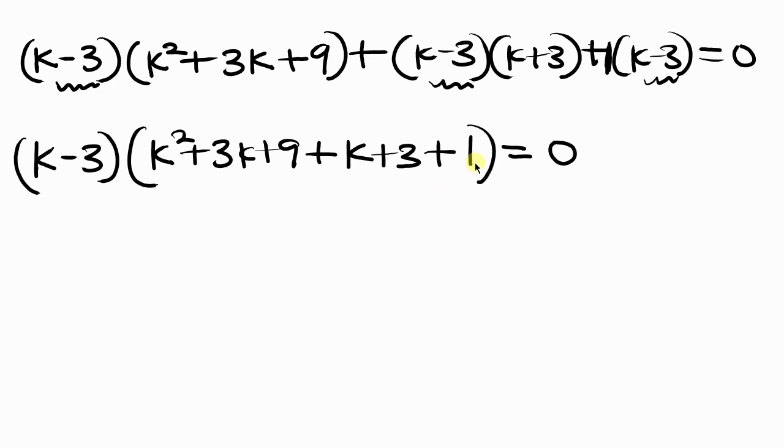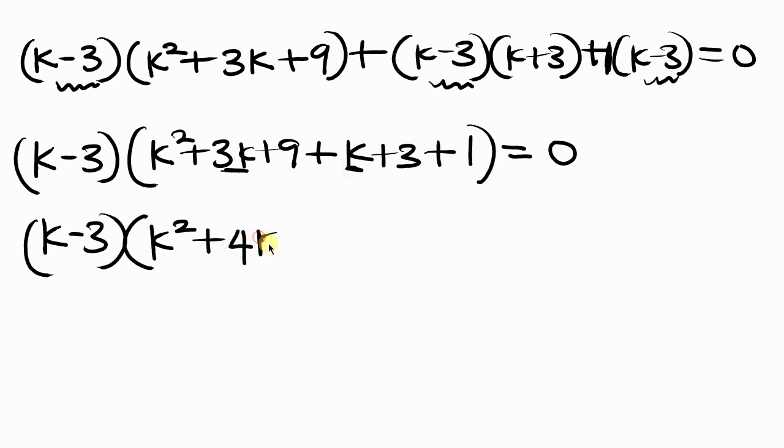Now let's simplify what we have inside this parenthesis. So k minus 3 times, this becomes k squared. Now 3k plus k gives 4k, right? Good. And then 9 plus 3, that's 12, plus 1 is 13, so plus 13. And this is equal to 0.